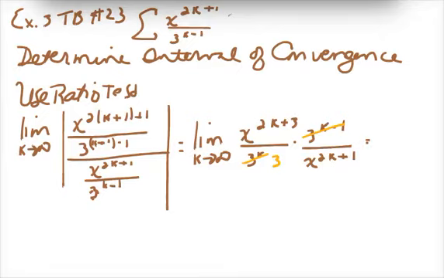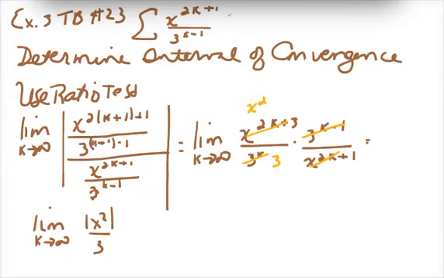So what's left there is actually x squared. There's an x and an x, so that's x squared. Let's rewrite the limit. So this becomes the limit as k goes to infinity of x squared over 3.